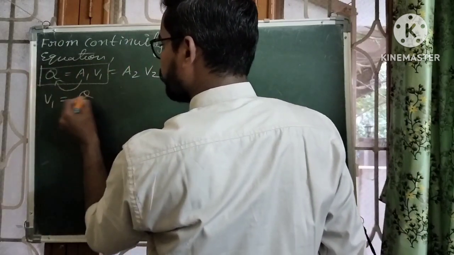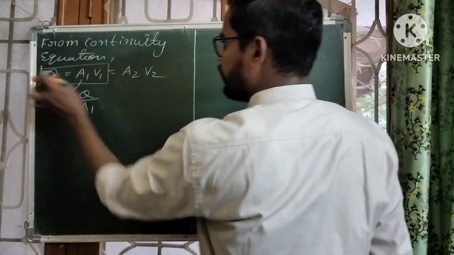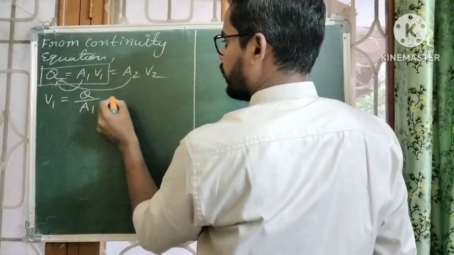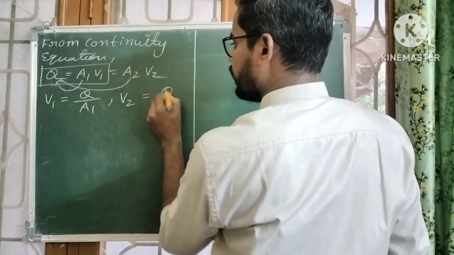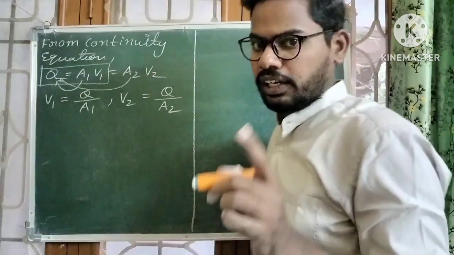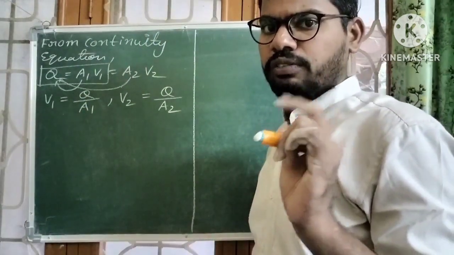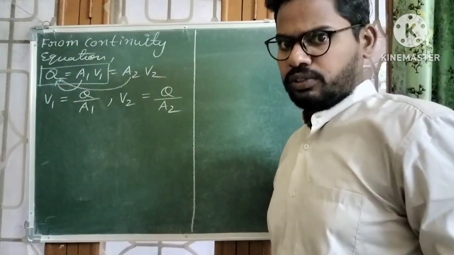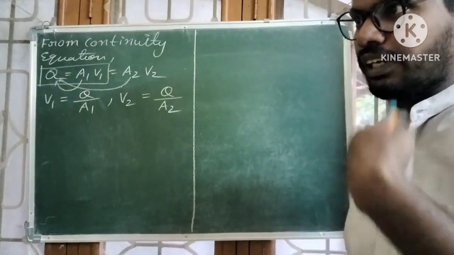Transpose A1, you will get Q by A1. Similarly, Q is equal to A2 V2, then V2 is equal to Q by A2. So here discharge is constant. A1 means cross sectional area of a smaller pipe. So cross sectional area of a circular pipe is, the name itself tells us it's a circular cross section.